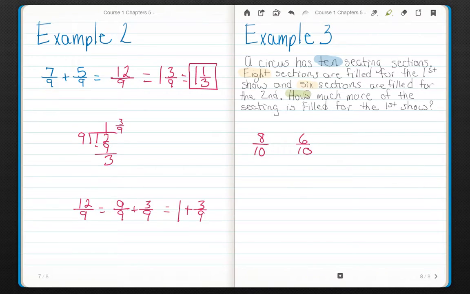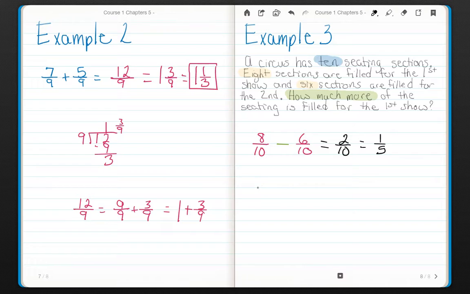The phrase, how much more, tells me to subtract. So I end up with the problem. 8/10 minus 6/10 equals 2/10, which simplifies down to 1/5, dividing both numerator and denominator by 2.